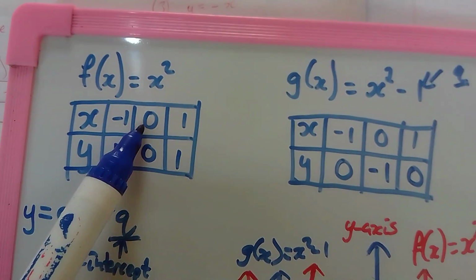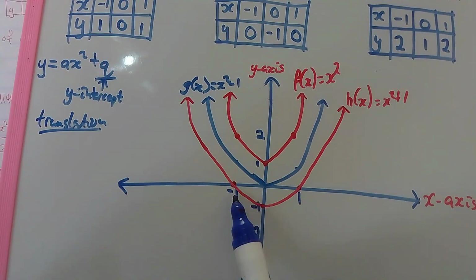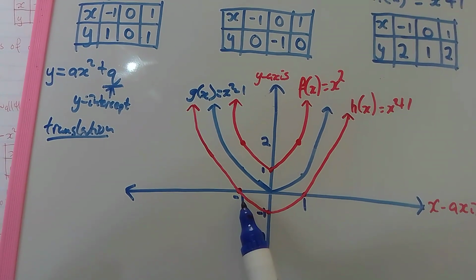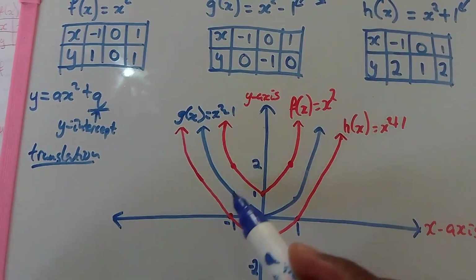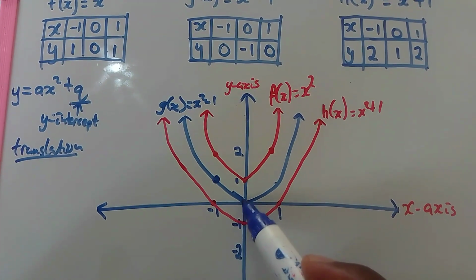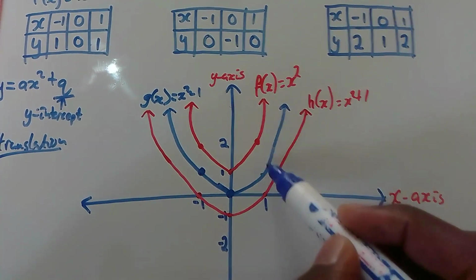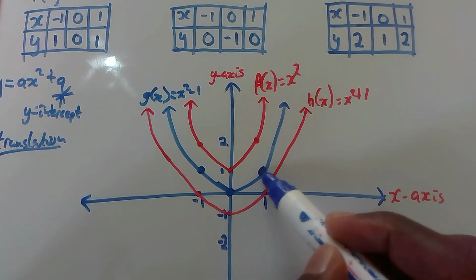When x was 0, our y was 0. And when our x was 1, our y was 1. So when x was -1, our y was positive 1, which is somewhere here. When x was 0, y is 0 there. And when x was positive 1, y is positive 1 there.